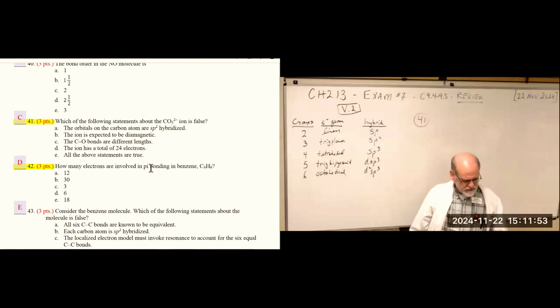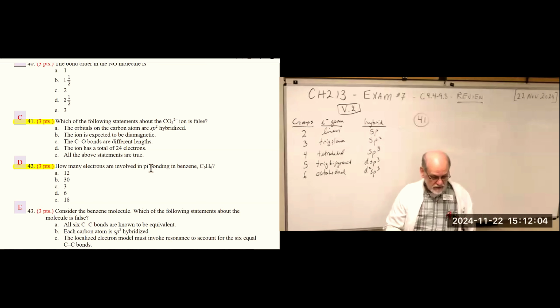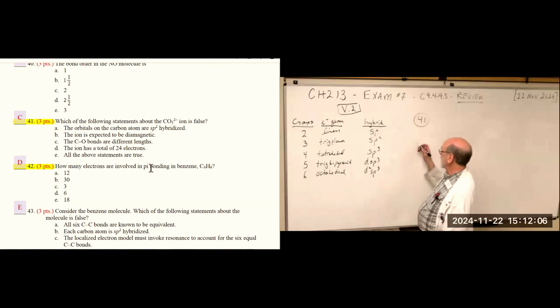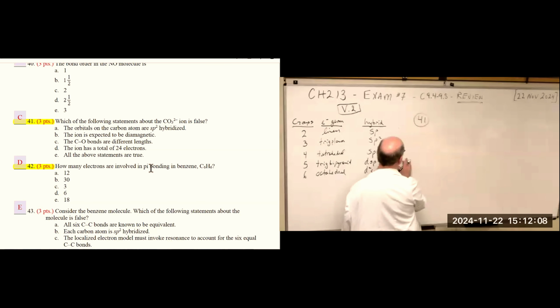And I did a little bit of research on it, not enough to actually do it, but this carbonate ion introduces another concept that we haven't considered. One, we know that we have bonding orbitals and anti-bonding orbitals.